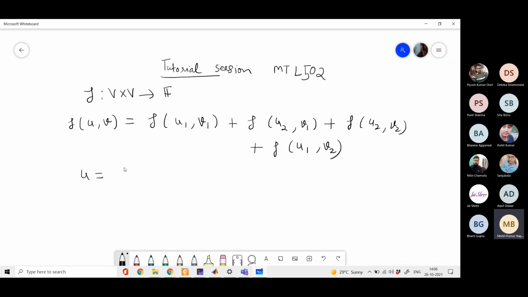Where your u is a vector from the vector space.